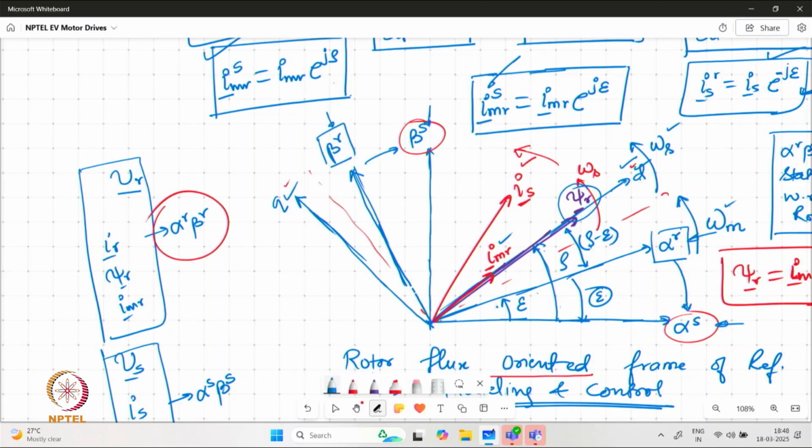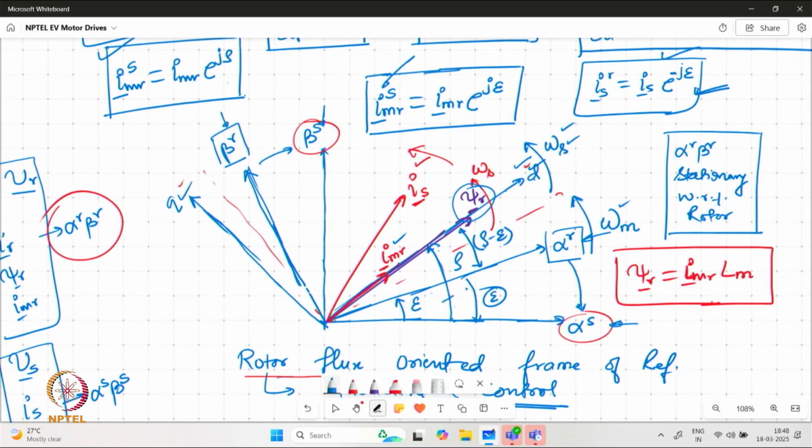That is what is our requirement, and this dq is basically revolving with the speed omega s. So the angles formed by these frames of reference are given as epsilon and rho. So epsilon is between the alpha r beta r and alpha s beta s, and rho is formed between dq and alpha s beta s.